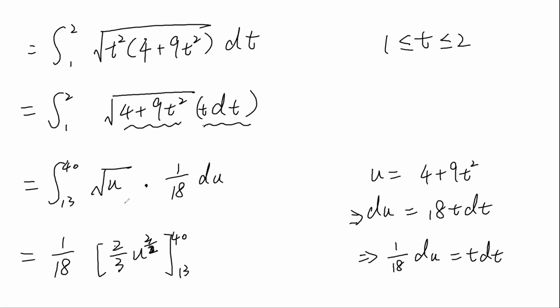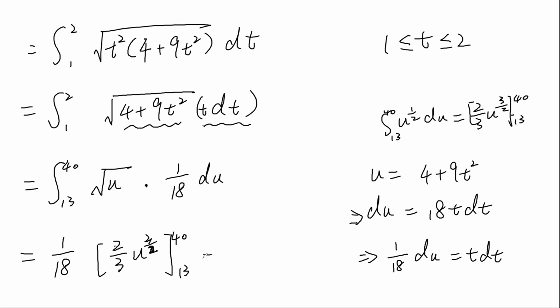You can use an integral formula here. The square root of u is just u to the 1/2. So the integral of it is equal to 2/3 times u to the 3/2. And because the bounds are from 13 to 40, it's just this.